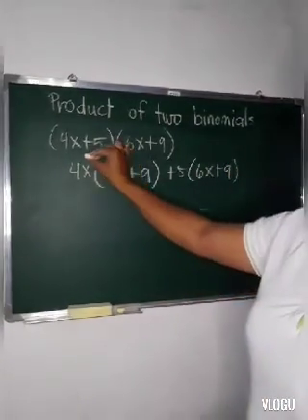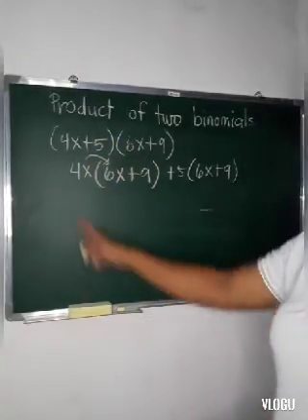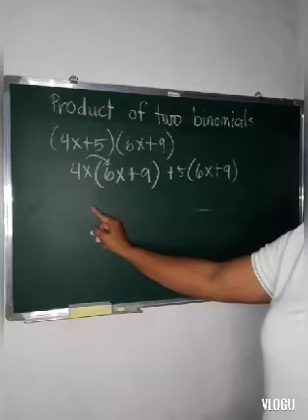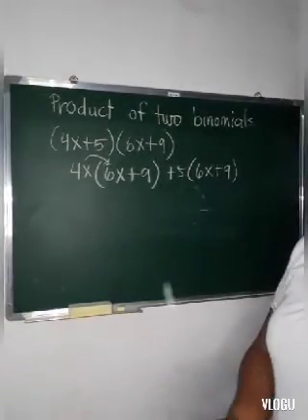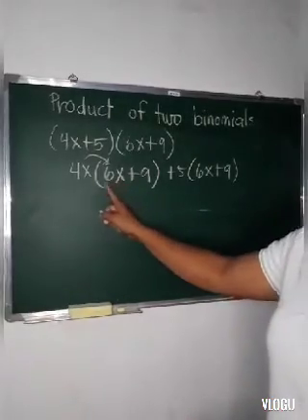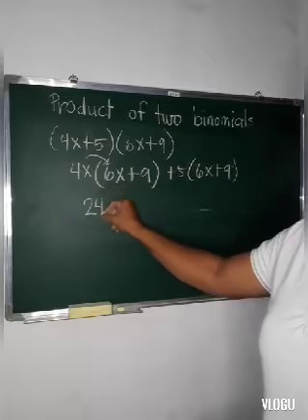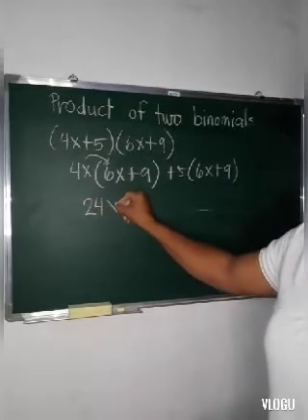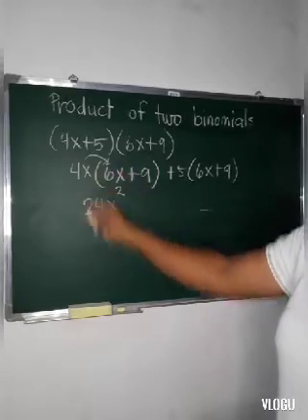So distributive property, always we will start with the sign. Positive times positive is positive, so no need to write. If there is no sign written, meaning to say that is positive. So 6 times 4, 24. Then x times x, we have x squared. Just copy the variable and then add the exponent.